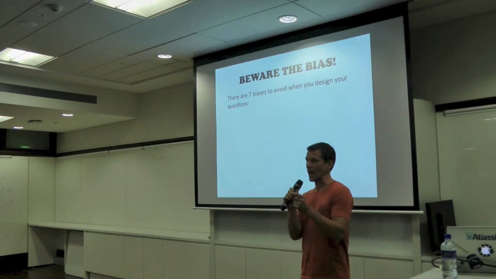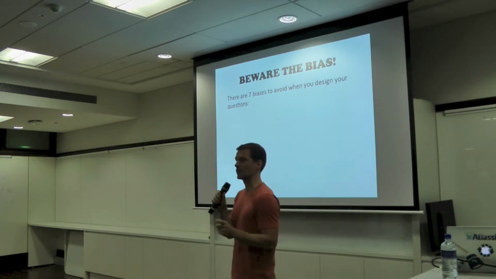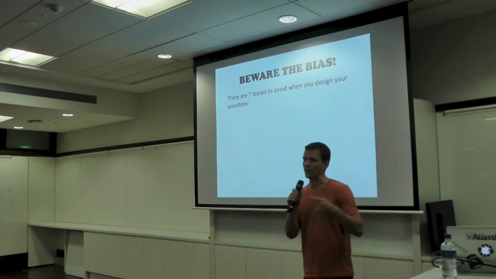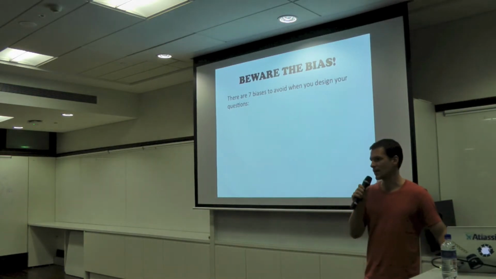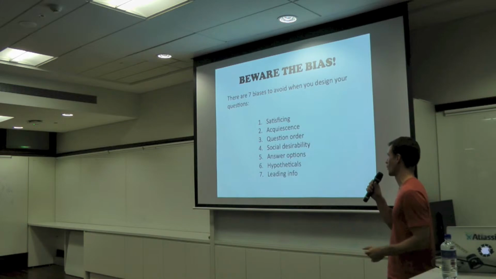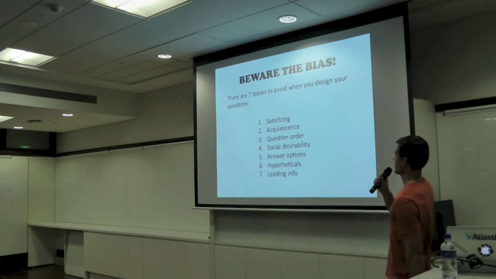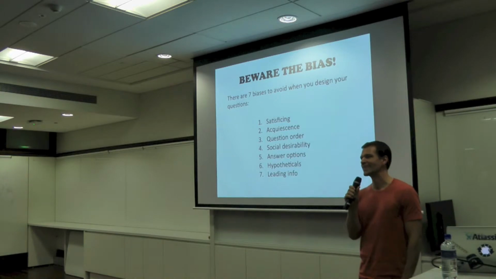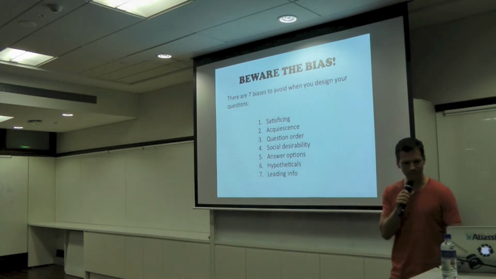You either ask those questions in a smarter way, or you have to be aware of the bias you're causing, so that when you analyze the results, you can skew them one way or another. These are the seven biases, and we will now go through them and see whether you can pick them.